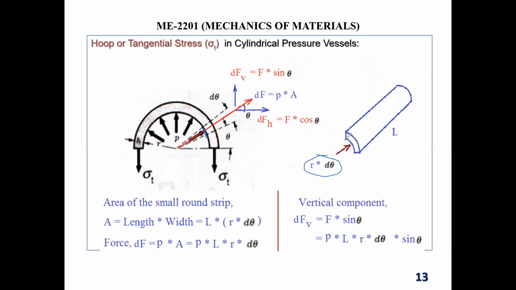Then this area is along the length of the cylinder, so you have width r d theta and length L. Width into length is the area, so area will be L into r d theta.